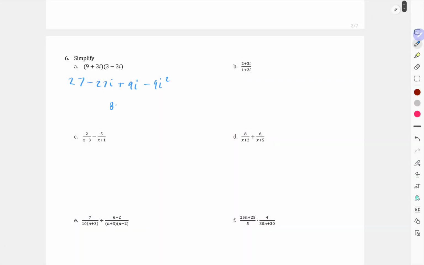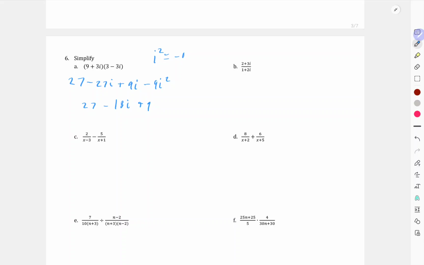So this being 18i, but still -27. But this i squared is actually equal to -1. So -1 times negative, that's positive 9.